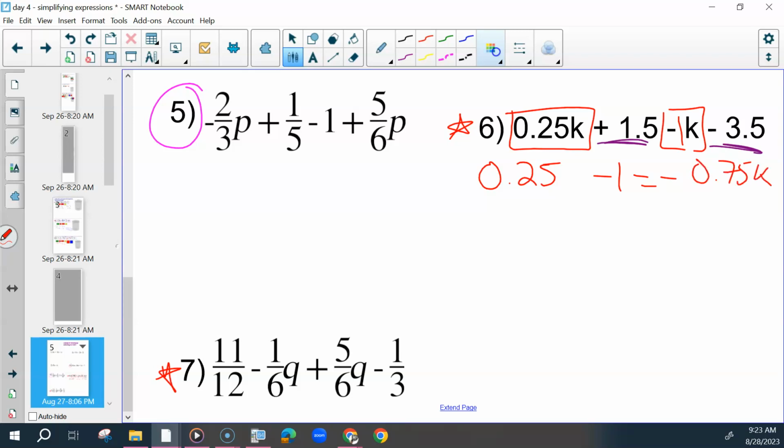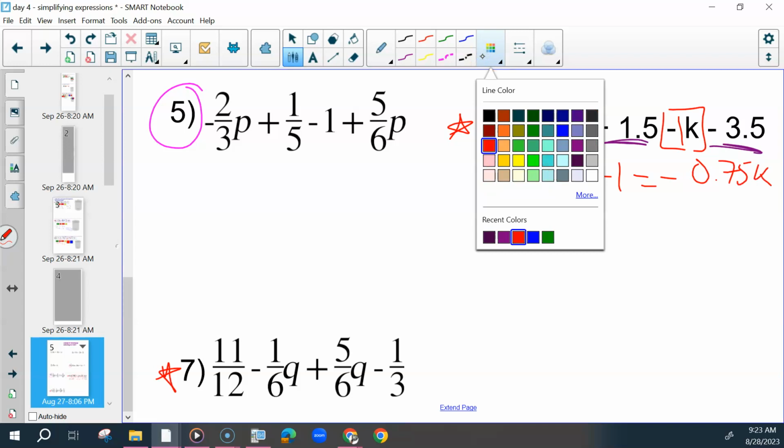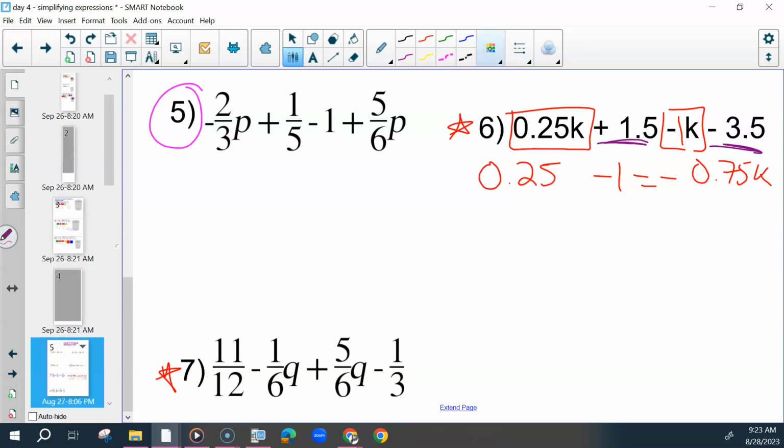Then you would put k at the end of that. And then you would do the same thing for 1.5 minus 3.5. It helps when you box in whatever the symbol is before, that way you see whether you're adding or subtracting.